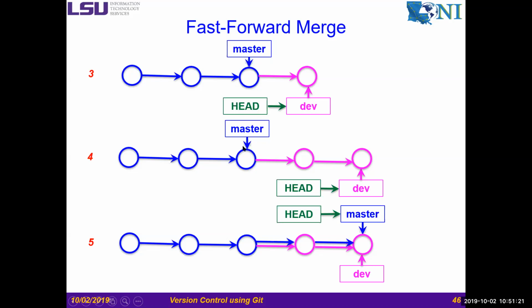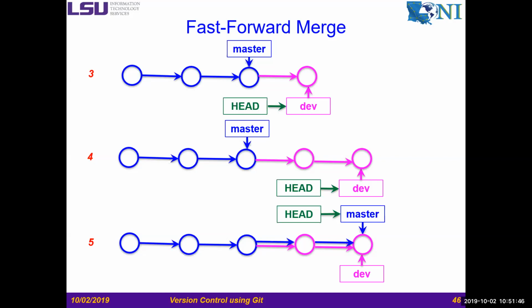I want the entire group who is on the master branch to merge with this development branch. Everything's fine. This is a very simple case. You just need to ask this master commit to jump 2 steps further to catch up with this new development branch commit, right?